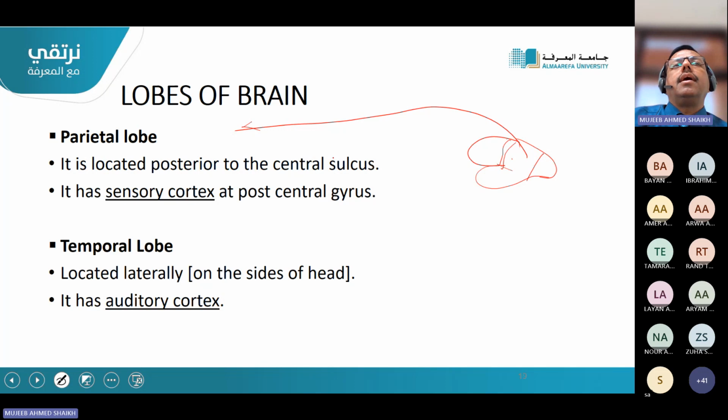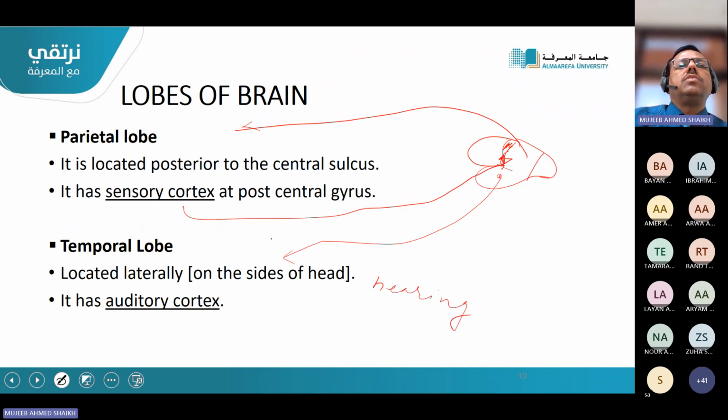This area, the post-central gyrus, is a sensory cortex, only this area. And there is the temporal lobe here, which is responsible for hearing. The hearing center is situated here, also known as the auditory cortex, in the temporal lobe just above the ear.